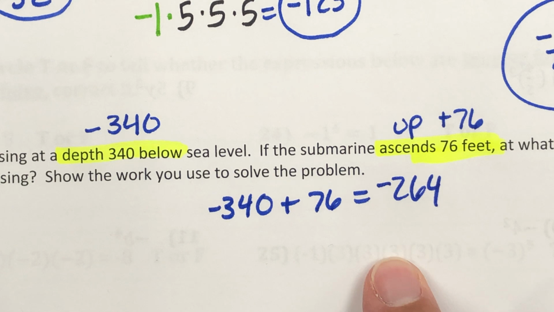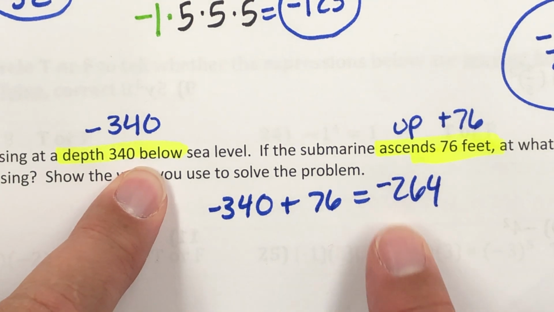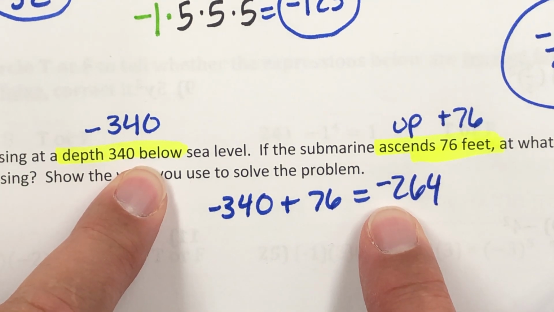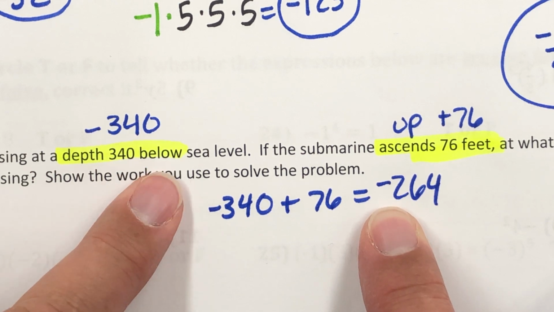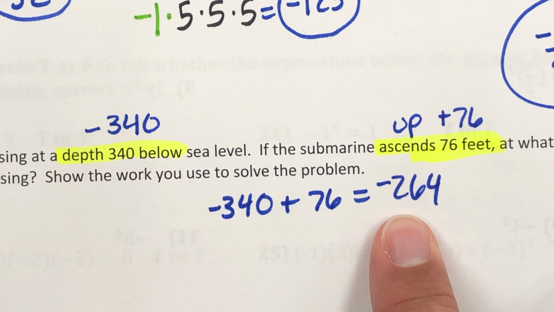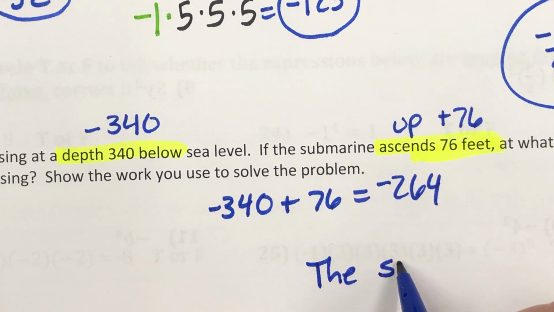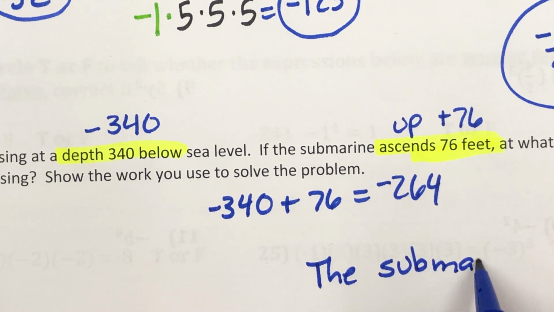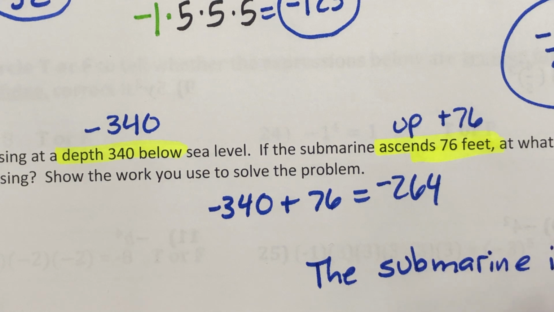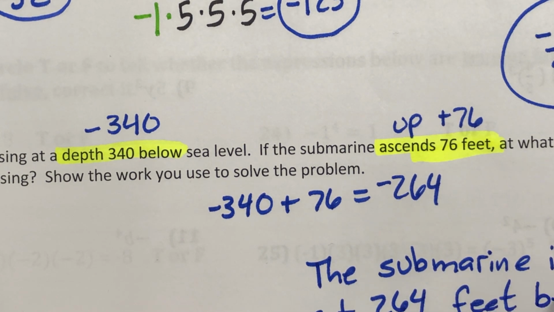Now, if I use a word like below sea level, I don't have to put the negative sign. But if I don't use below sea level, I do have to put the negative sign, because below means negative. So when I write my sentence, the submarine is now at 264 feet below sea level.